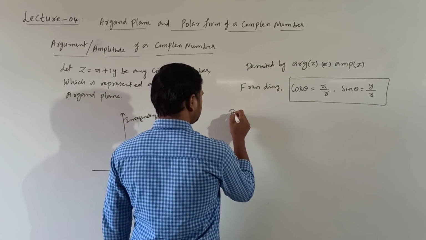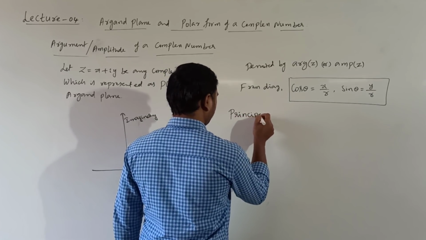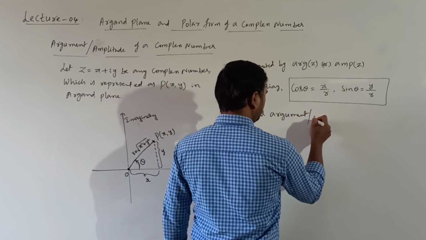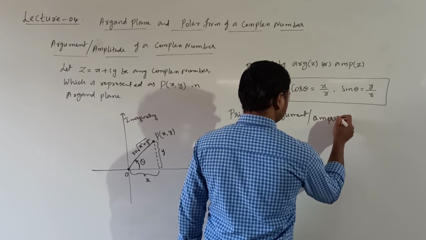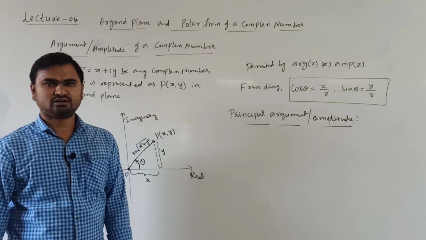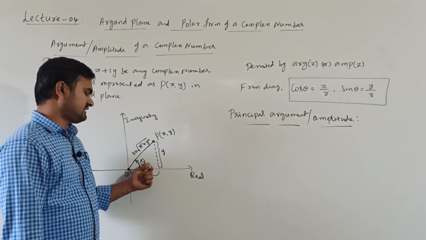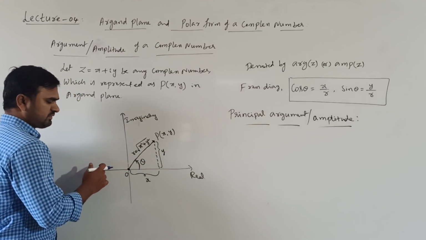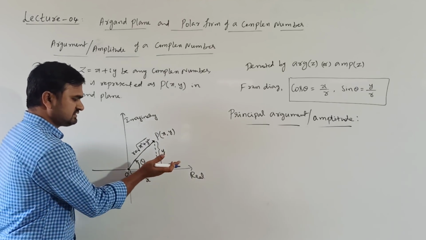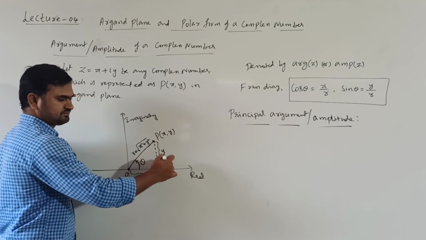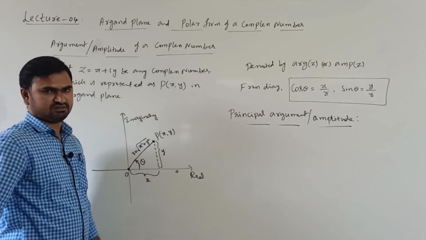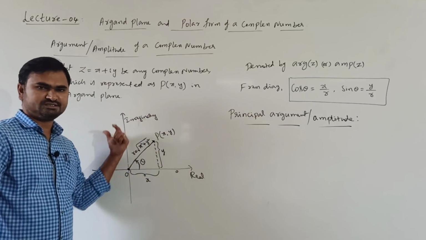So we will consider the principal argument or principal amplitude. If this theta value lies between minus pi to pi, we take one complete rotation. Usually we take from 0 to 2 pi, starting here from 0. If we take one complete revolution, we get all the angles.